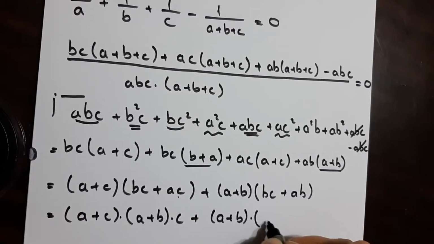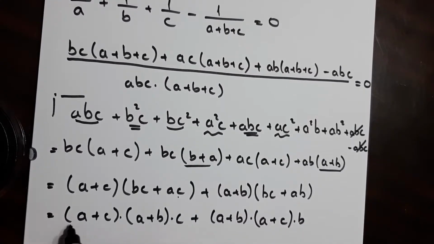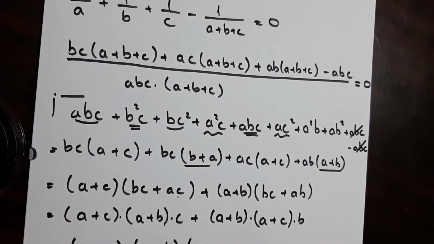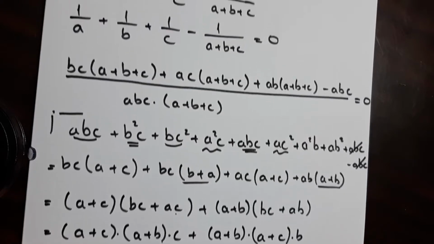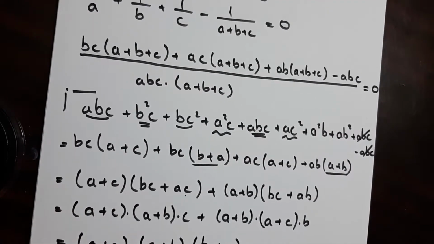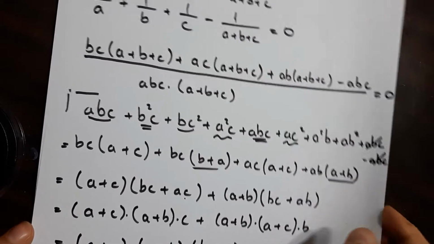So when I will take b out of the parenthesis, I will get a plus c times b. So as you see, we have a plus c times a plus b times a plus c. Again, I will take in front of the parenthesis, and we'll have here c plus b, so it will be b plus c. So the factorization of the numerator will be in this way: a plus c times a plus b times b plus c.